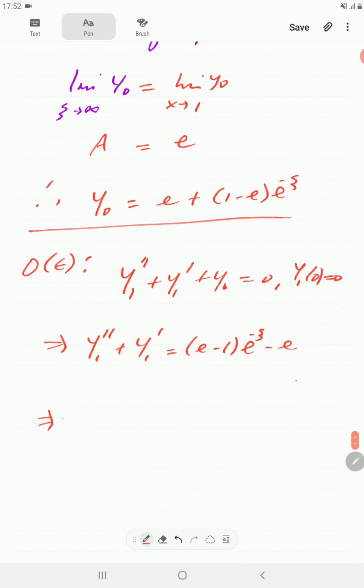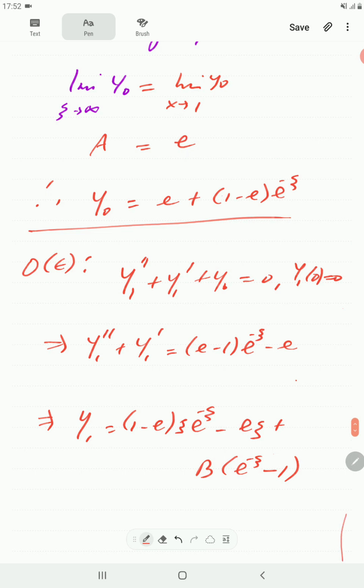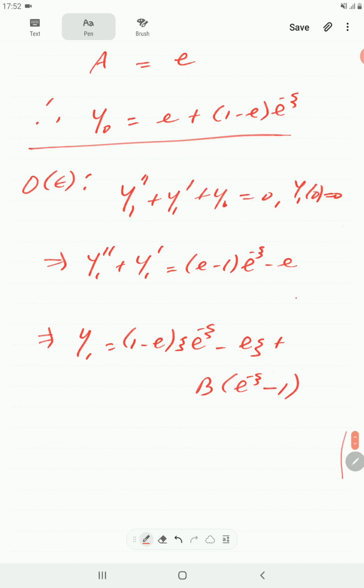Solving this is going to give us y1 equal to 1 minus e xi e to the minus xi minus e xi plus b, an unknown constant, e to the xi minus 1.